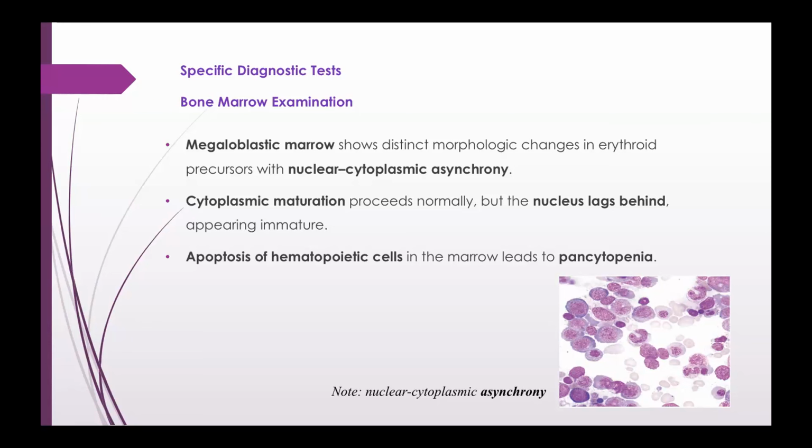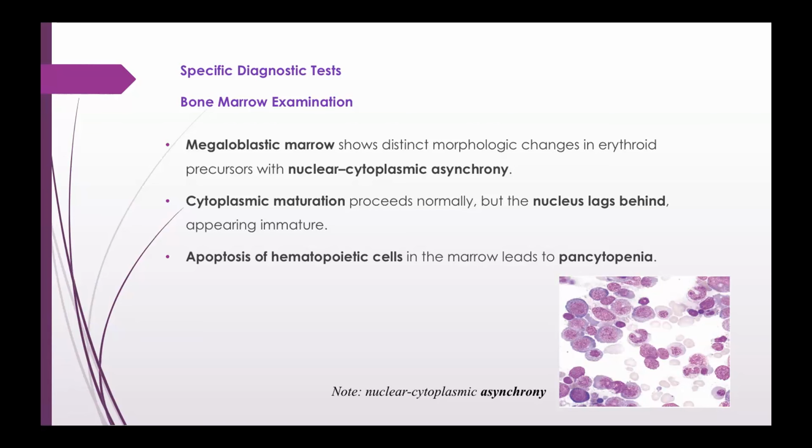But what do they share in common? It is this one: nuclear cytoplasmic asynchrony and megaloblastoid features, which means in both MDS and megaloblastic anemia, we will have big RBCs or giant red blood cells or macrocytic cells. They are found in both diseases. And the second thing, they also show nuclear cytoplasmic asynchrony.